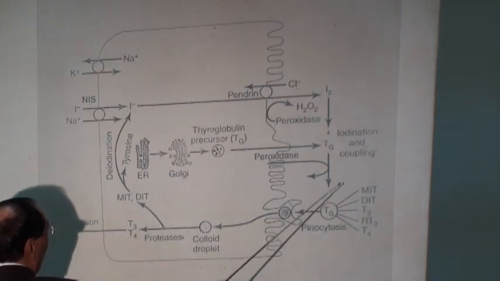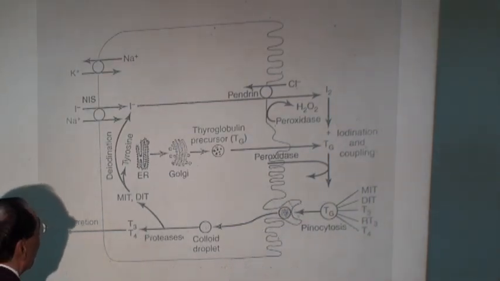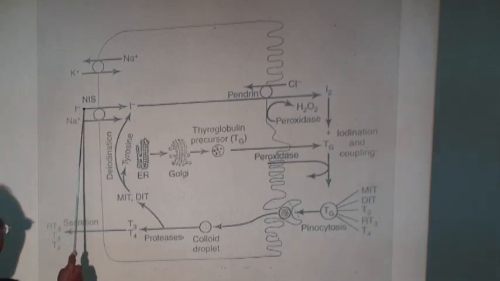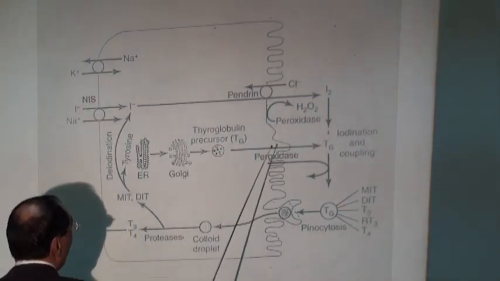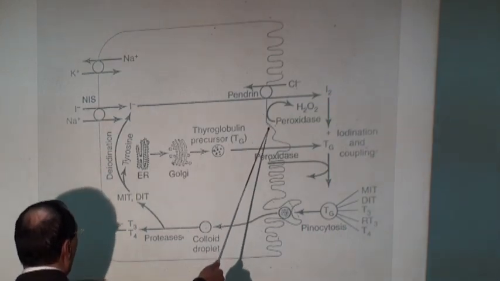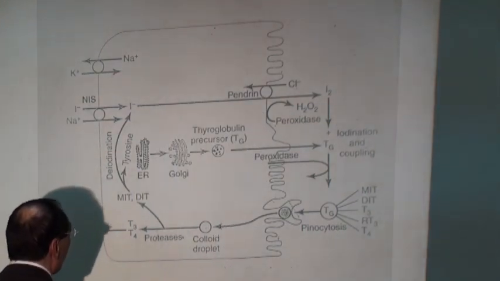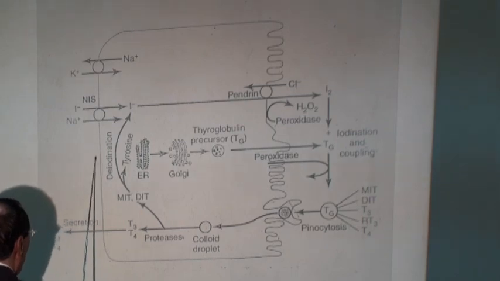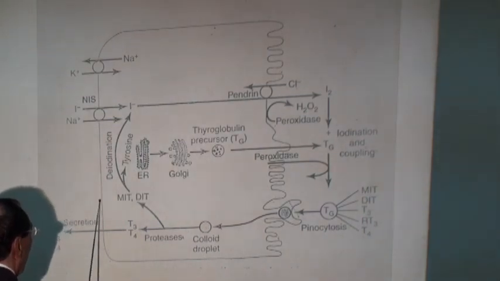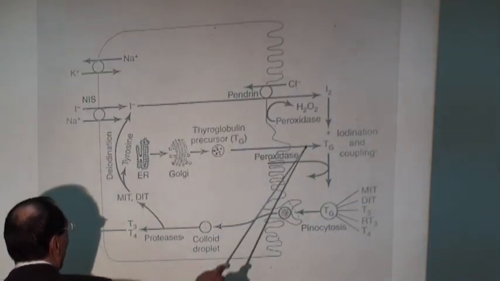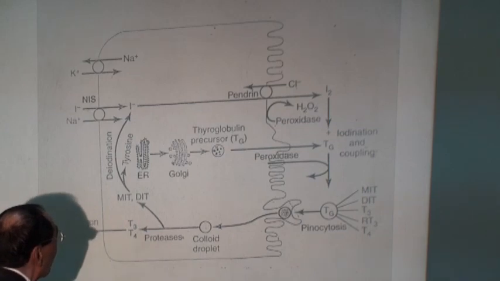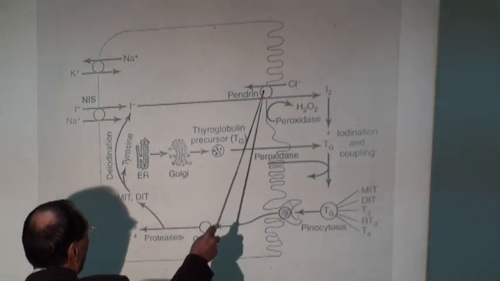These are the epithelial cells, and this is the colloid inside the follicles. This iodine passes into the second part of the membrane of the same cells. This is the apical membrane, or luminal membrane, and this is the basal membrane, just around the follicles.